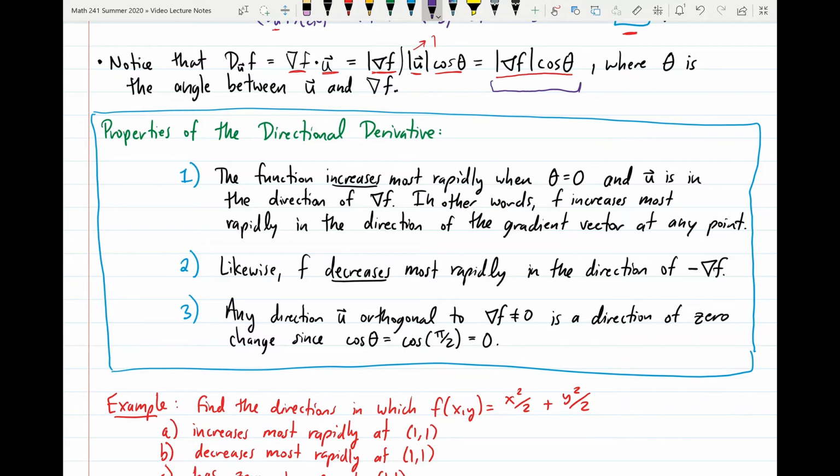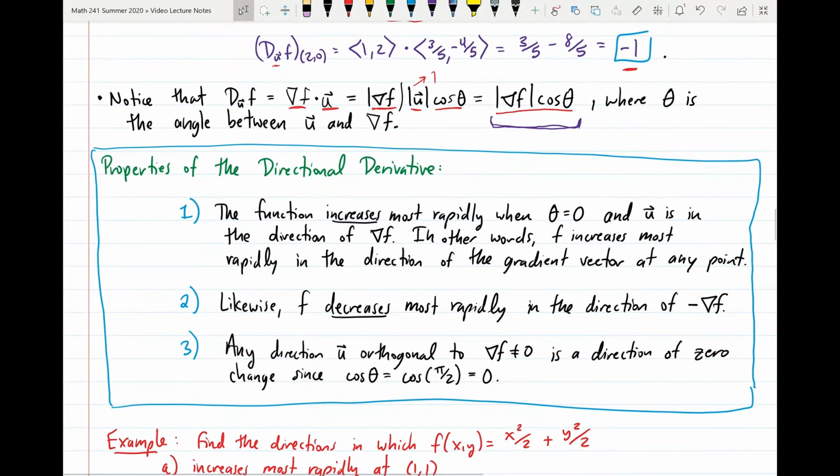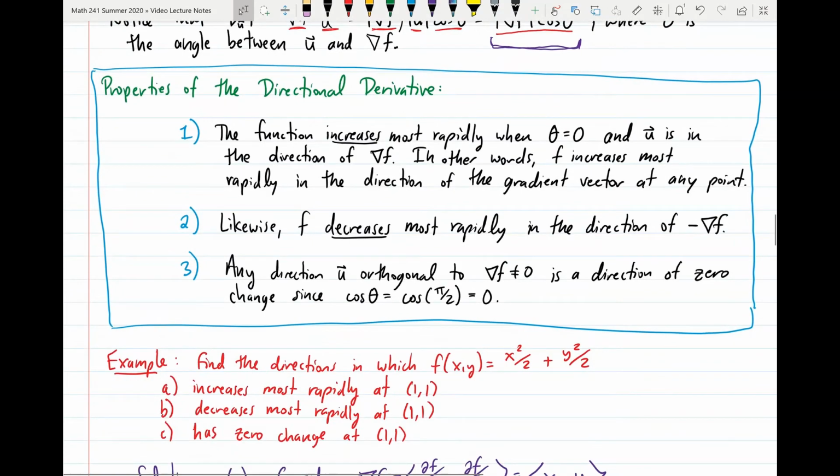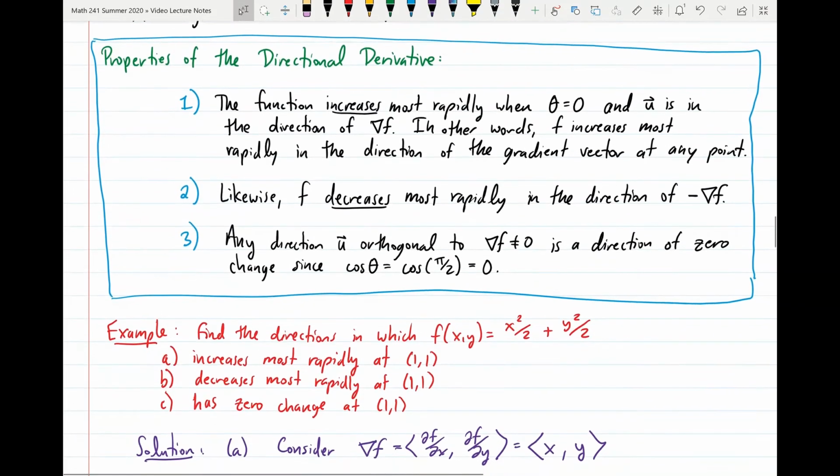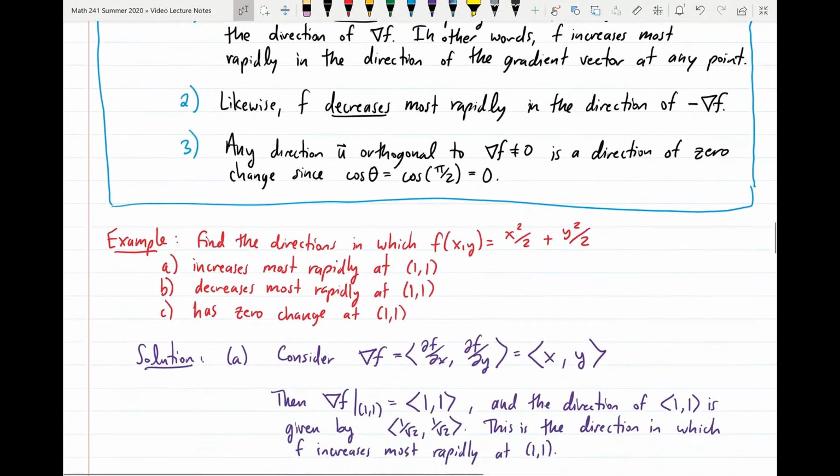And when that happens, the directional derivative, which is now given by this expression underlined in purple, is going to be 0, because cosine of theta is going to be equal to 0. So these are the three properties that we can get just from looking at the directional derivative in that way.